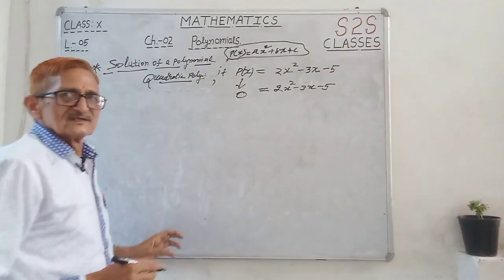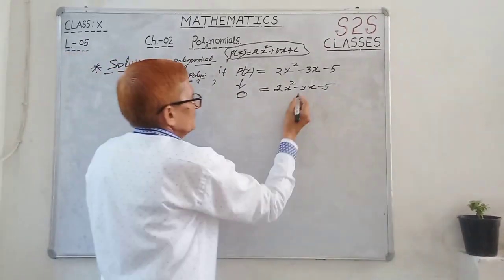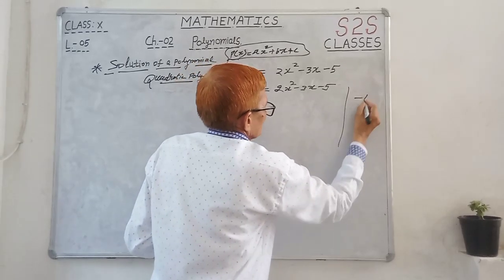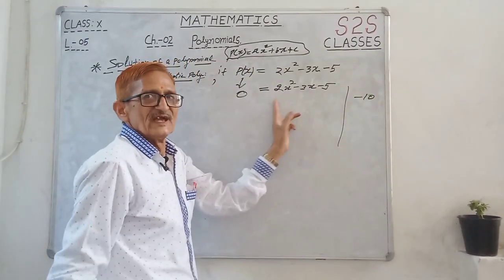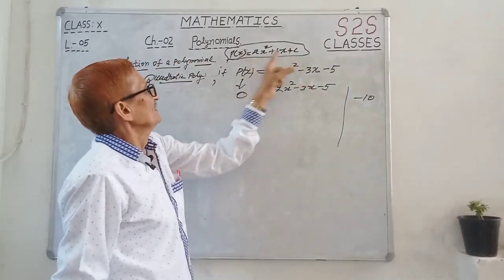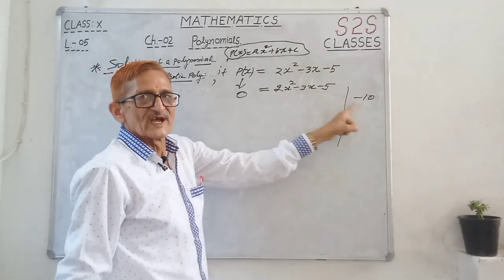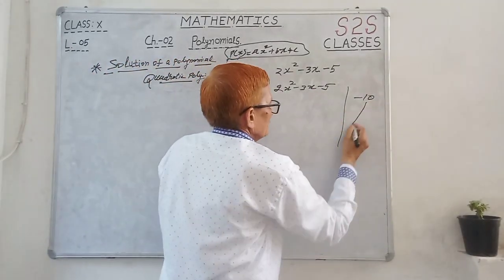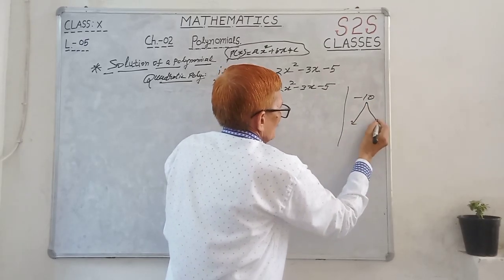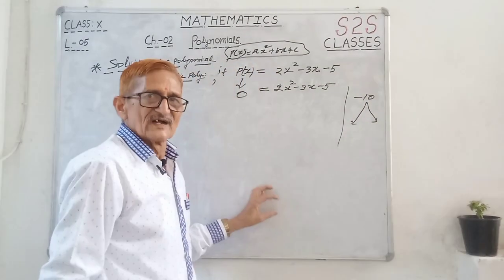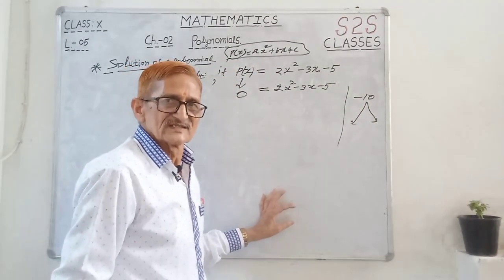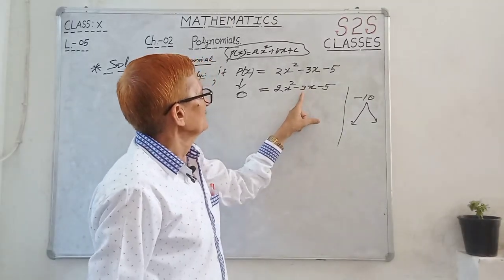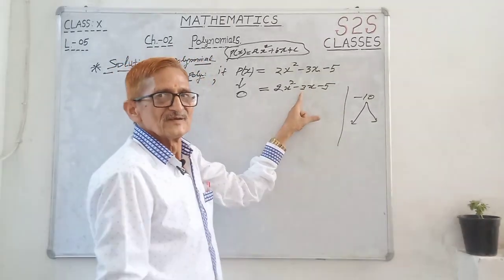To solve the quadratic, split the middle term. 2 into minus 5, a into c, the product of a and c, that is minus 10, split into two factors such that the sum of both is equal to b, which is minus 3.